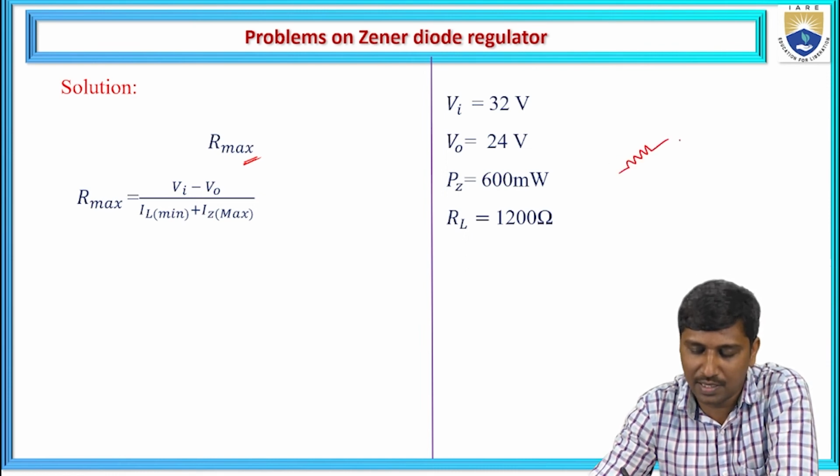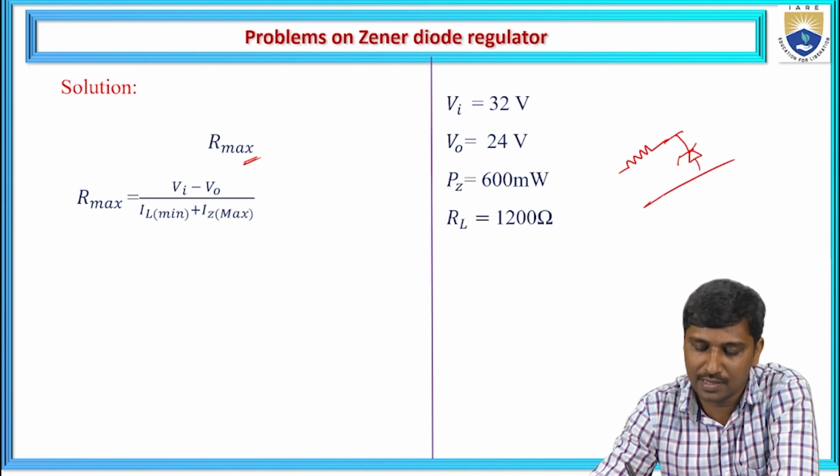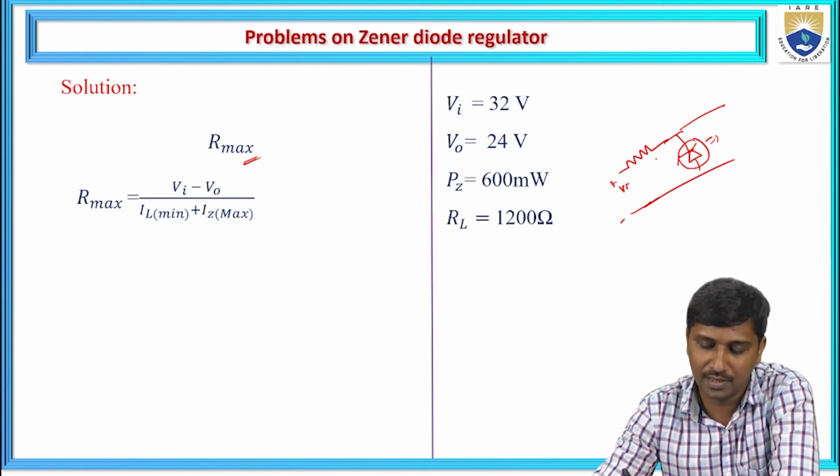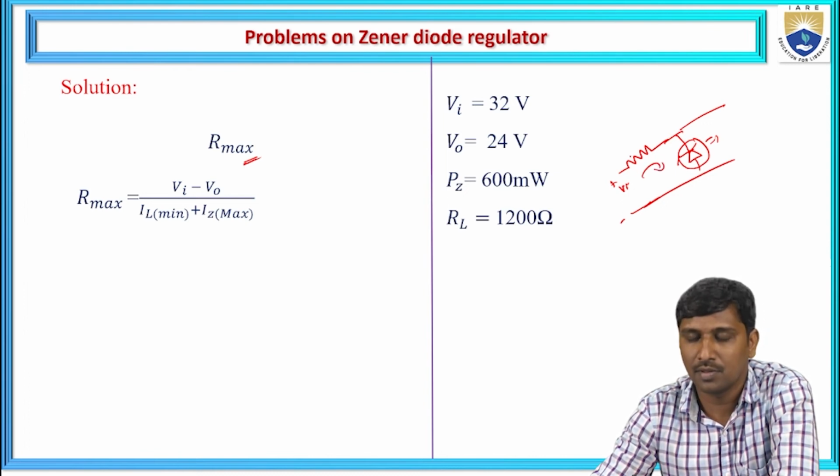Whenever the Zener diode is operated under reverse bias and enters a conducting state, it should be replaced with a battery or a voltage source. So if you apply KVL, the loop analysis, we can find out how much resistance is required.